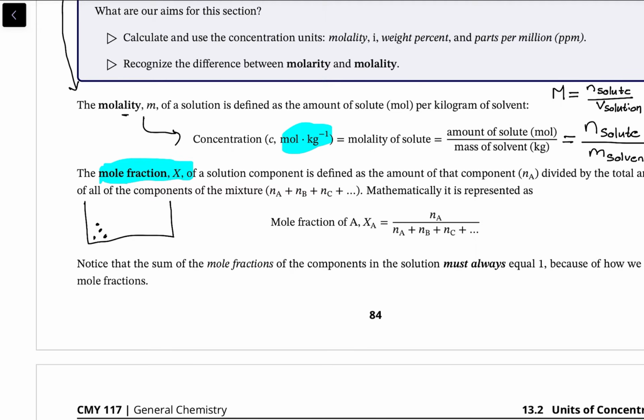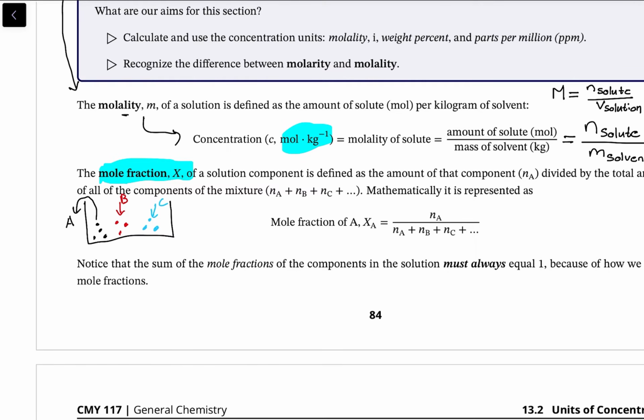Let's say you have a component A in black, a component B in red, so there's 3 of B, and you also have a component C in blue, also 3. Let's say the number of moles are equal to the numbers here.